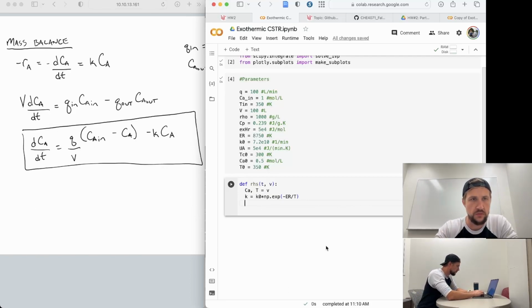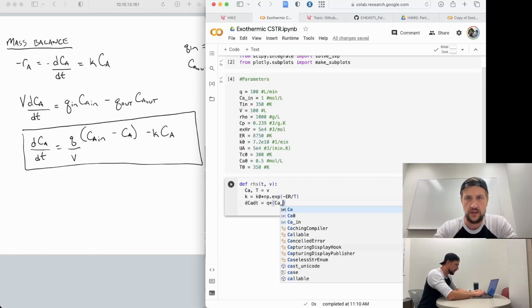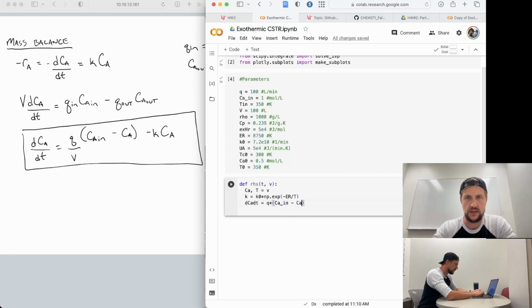So we have dCA/dt equals our flow multiplied by our CA in minus our CA, all divided by V, and then minus K times CA.